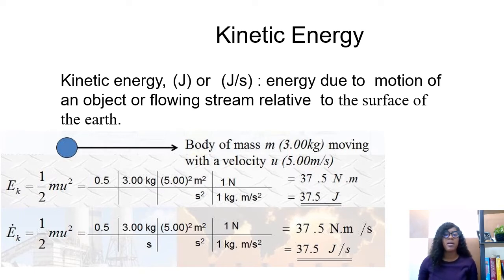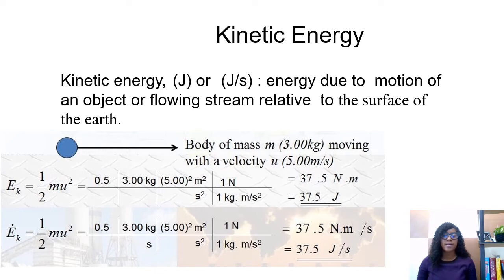So we have a body of mass 3 kilograms and it's moving with a velocity u of 5 meters per second. So our mass in this case is 3 kilograms. Our velocity is 5 meters per second. So if you notice, we set up our conversion table in order to do our calculation.